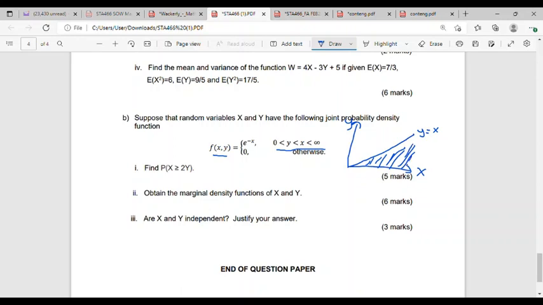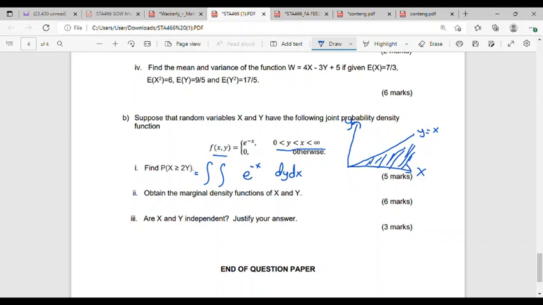So now we want to find the probability of x more than or equal to y. So how do we find this one? It will be a double integration of the function with respect to dy dx.